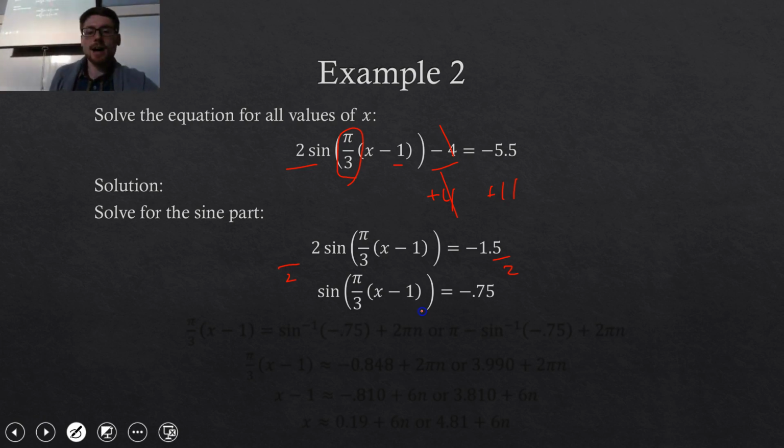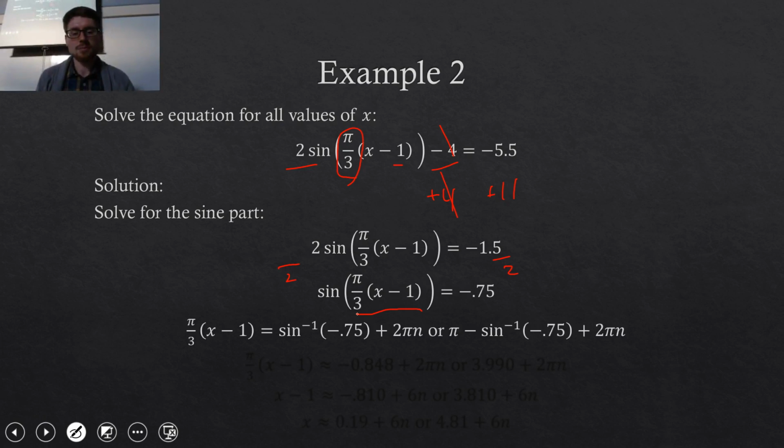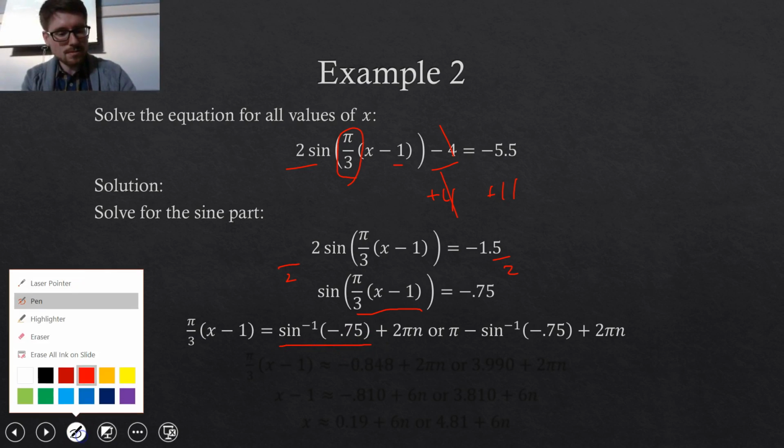Now that we have sine isolated, sine of something, you can just forget about this messy interior for now. That's just something. Sine of something equals negative 0.75. When we do the inverse function, we're going to get an infinite number of answers. We're going to get the first answer, inverse sine of negative 0.75. And then we're going to get its supplement. So from earlier, that's the first one.